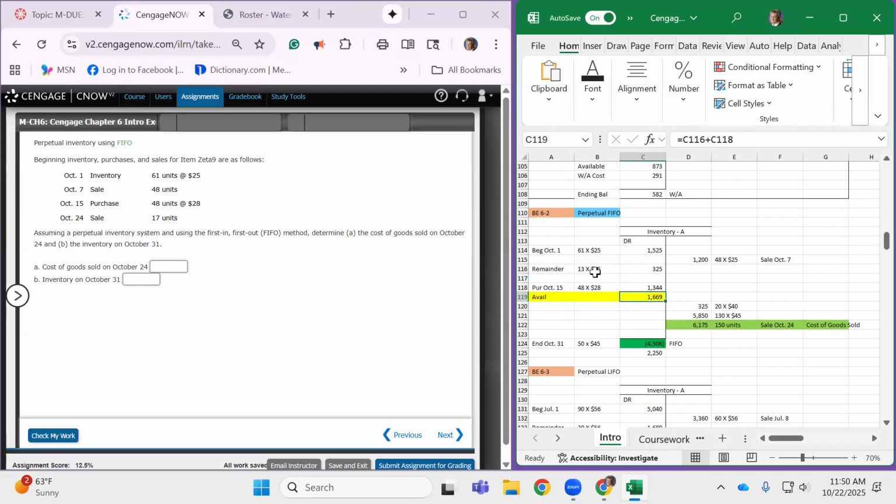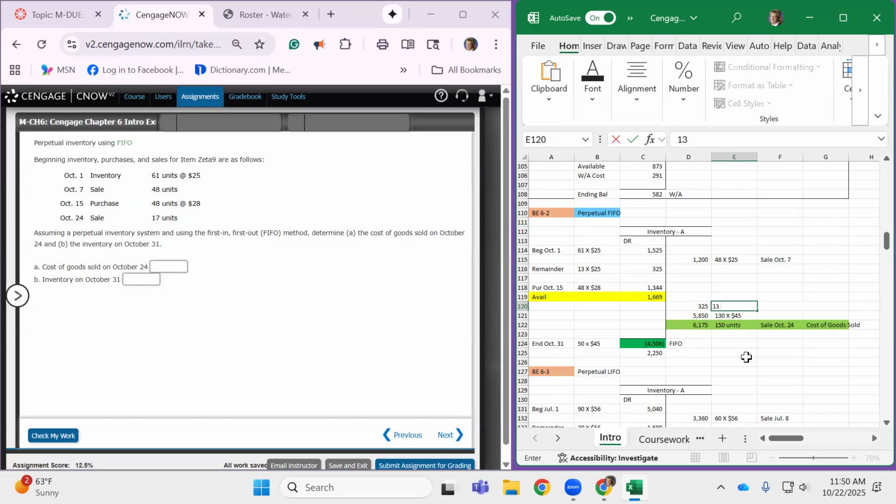Okay. Now, when you have first in, first out, you've got to keep your costs separate. We have a $25 cost. We have a $28 cost. We're going to sell all of these, right? The remaining 13, and then we're going to sell 4 of those to take care of, I'm sorry, let's get rid of the remaining 13 times 25.